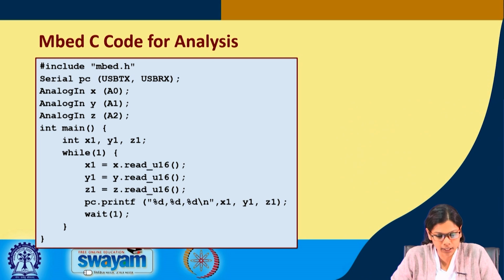One is AnalogIn X, the name we are giving it is X, which will be connected to port pin A0 of the STM board. Similarly, the next one is the analog input pin Y, which will be connected to the A1 pin of the STM, and the analog input Z, the name Z, will be associated with A2.